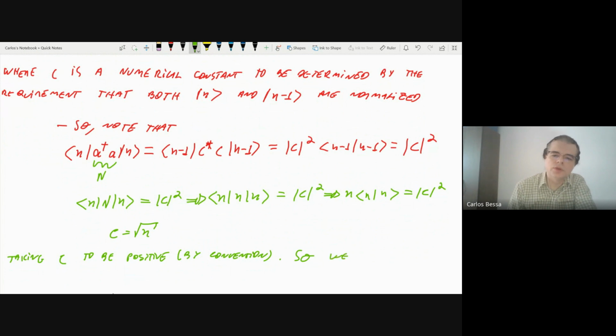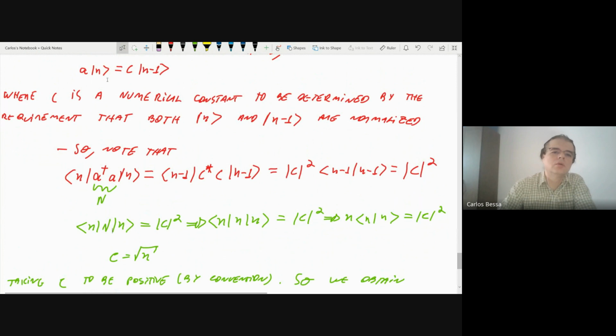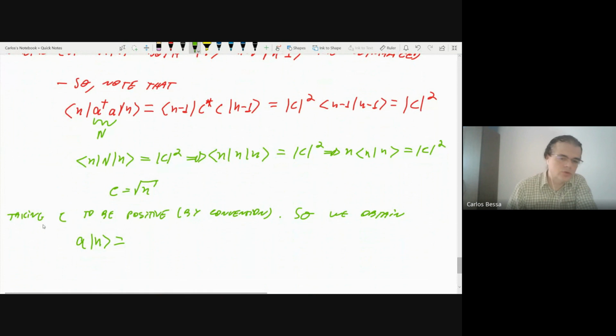So we obtain a n. Just remember c, the expression here. We find c is the square root of n. So a applied to n is the square root of n times n minus 1.